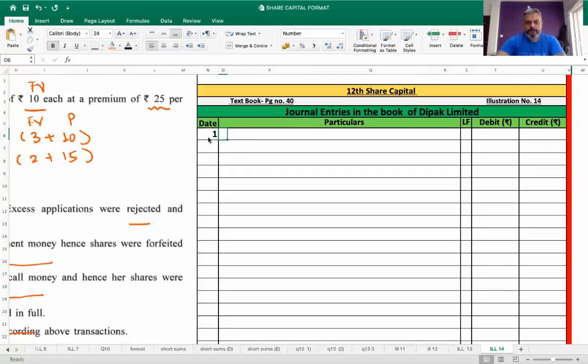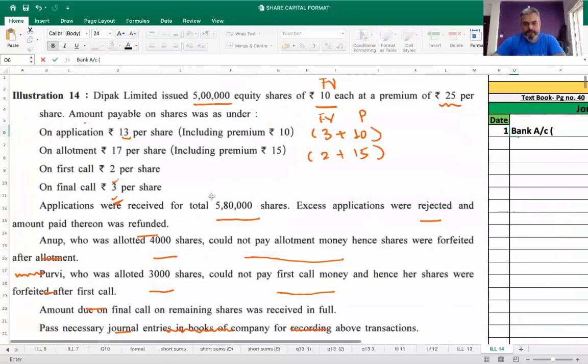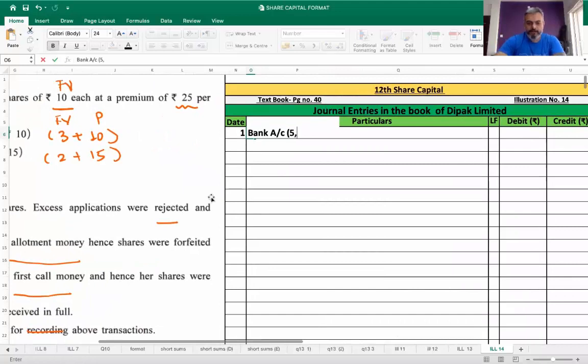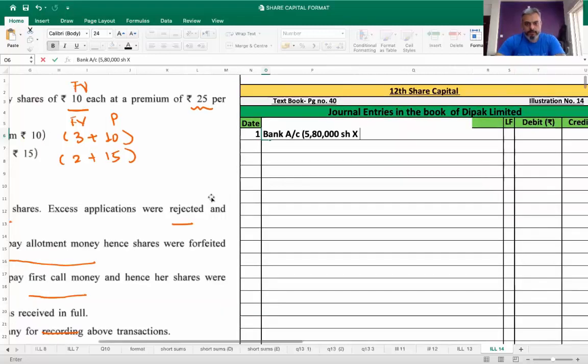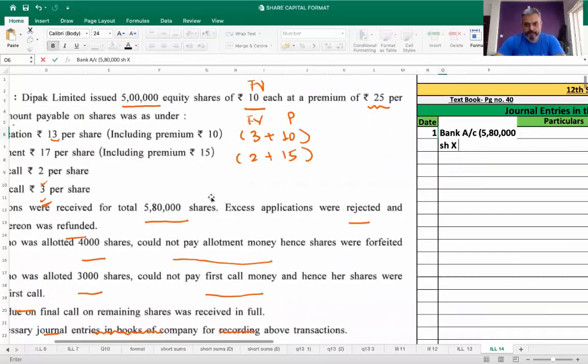First entry, bank account debit. Now applications were received for 5,80,000 shares into rupees 13 per share.